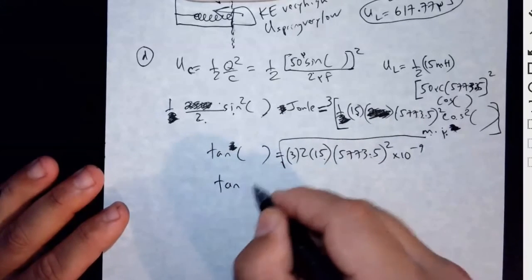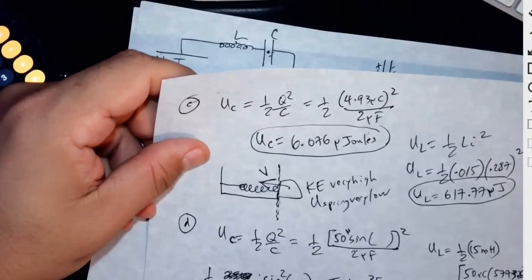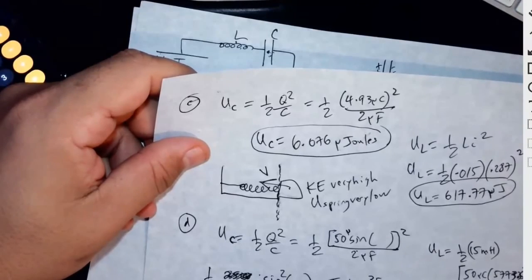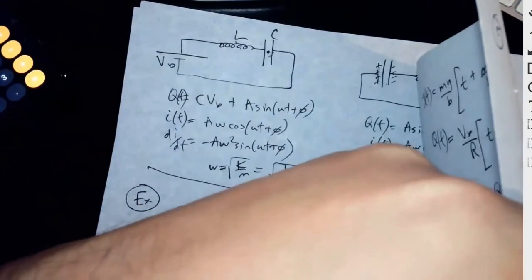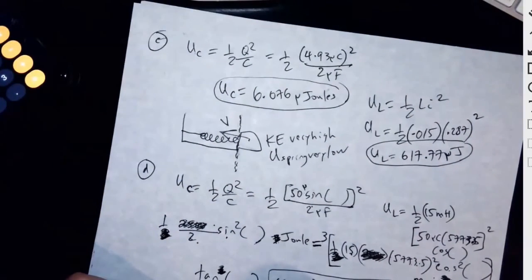Now I can write down what was in the parentheses, which was 5773.5t plus pi over 2. Then this one can come out, 5773.5. Then square root of 3 times 2 times 15 times 10 to the minus 9.